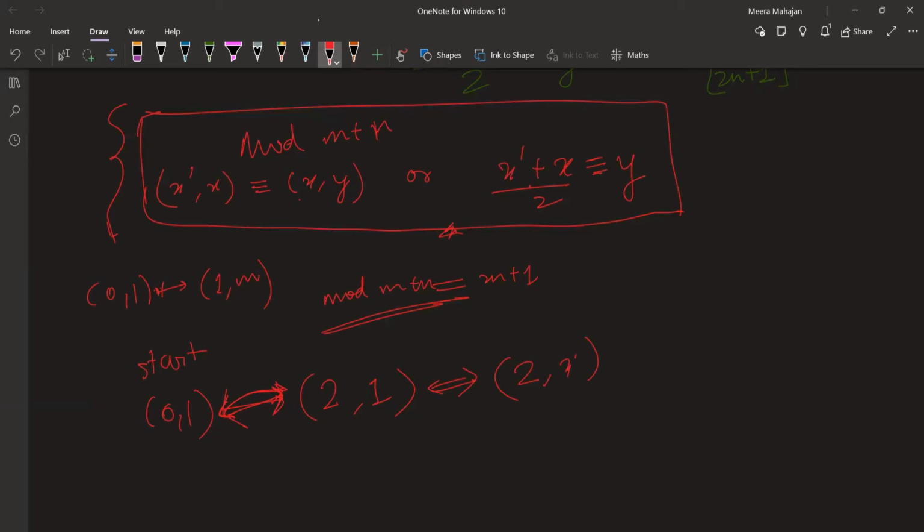Suppose we go to some x prime, then we must have that x prime plus 1 over 2 is, like we can either go here or here, but in this case from 2 comma 1 we are going to 2 comma 1. There's nothing new modulo m plus n. So we are just trying to see what we are reaching. X prime plus 1 over 2 is 2. So what is x prime?